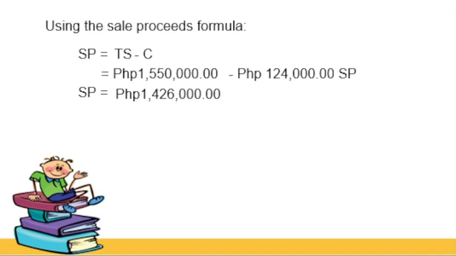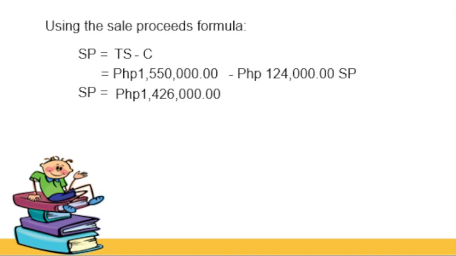Okay, so let me check it. You have 1,550,000 minus 124,000.